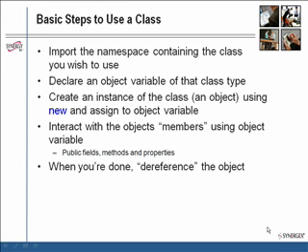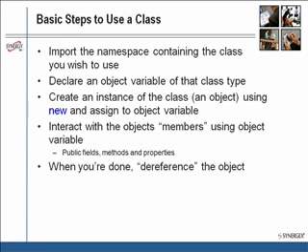The process for using a class is fairly straightforward. First, if the class is not local, you need to import the namespace which contains the class you wish to use. The next step is to declare an object variable of the type of the class. Once you have an object variable, you can use a new statement to create an instance of the class, an object.